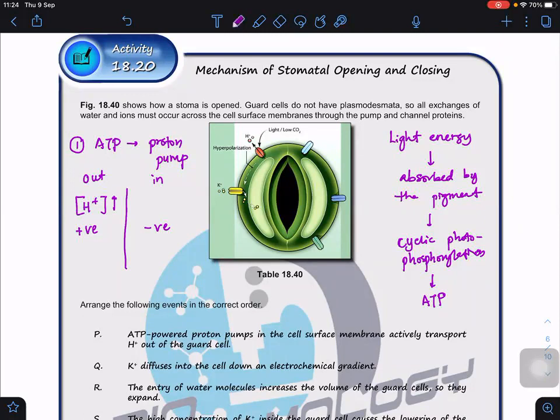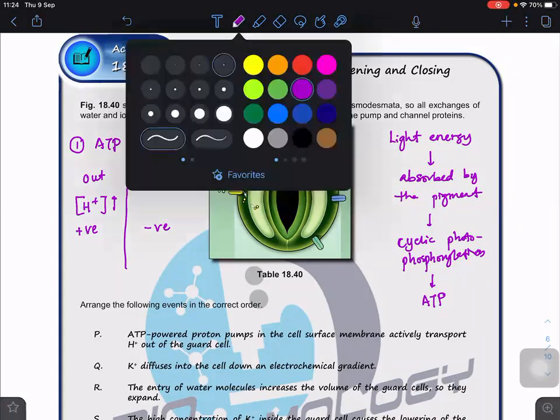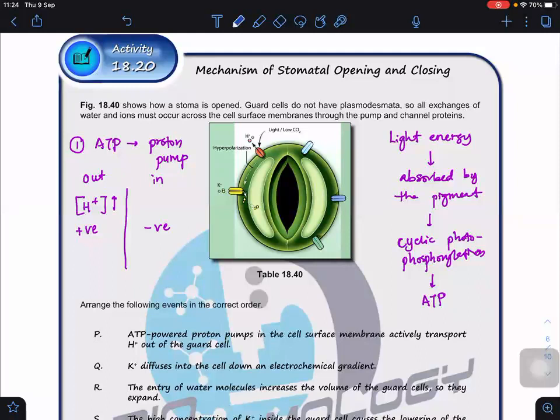So therefore, no choice. Now we need a movement of ions. So what kind of ion can move in? It depends on what kinds of ion channel we have. So here we have the K plus ion channel. So it means that now K plus can move in. Are you clear?